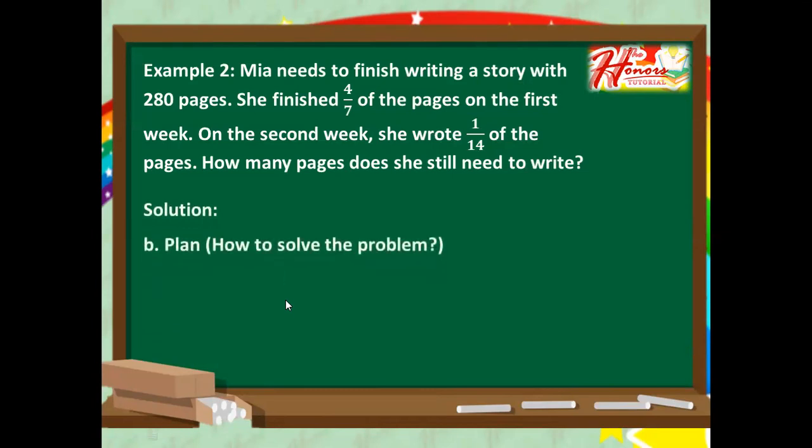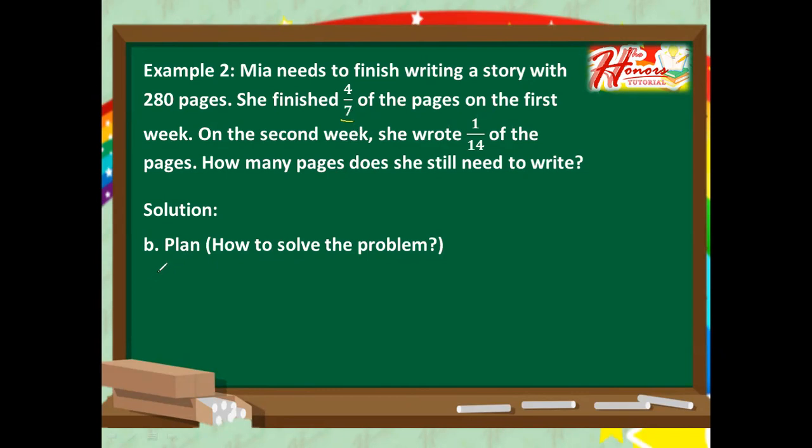Next, number 2, plan how to solve the problem. This is more complicated than the first problem, so let me just write the plan for you. It is stated here that she finished 4 over 7 of the pages on the first week.